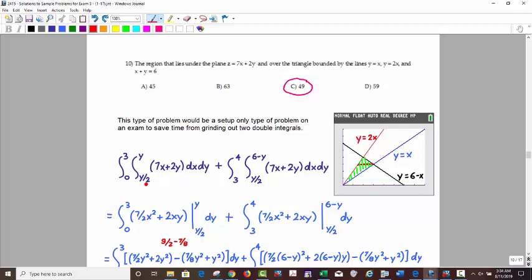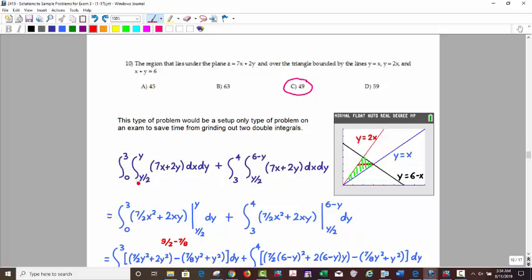So it goes from y over 2 to y, and then the upper dy is going to go from 0 to 3. 3 is the point of intersection between these two lines. Easy to solve: put x in there in terms of y, you get 2x equals 6, so x equals 3. But then y would also be 3, because at that point y equals x. So it goes from 0 to 3.